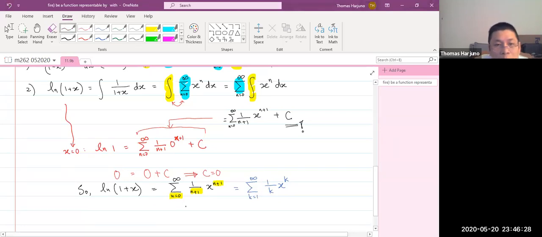If I write the first few terms, there'll be 1 over 1 x to the 1 plus 1 over 2 x to the 2 plus 1 over 3 x to the third, and so on. While the one on the right-hand side, I start from 1, not from 0: 1 over 1 x to the 1 plus 1 over 2 x to the 2, 1 over 3 x to the third, and on.